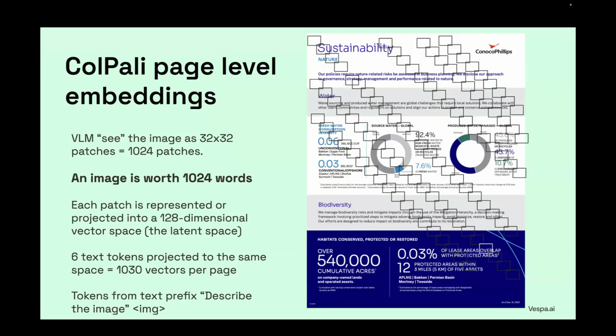Each of these patches can be seen as a token, similar to a token in the LLM world, the text world. Each of these patches then gets a 128 dimensional vector representation, which captures the semantic meaning of that patch.